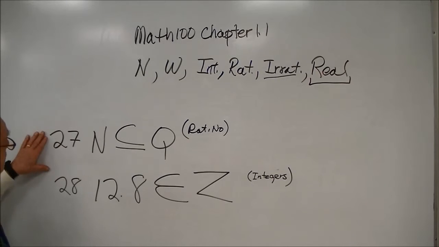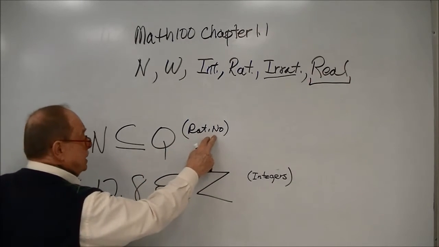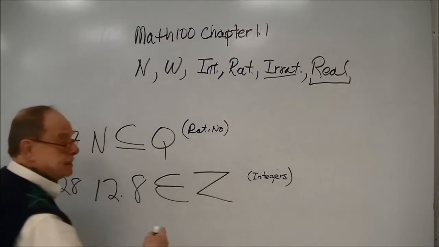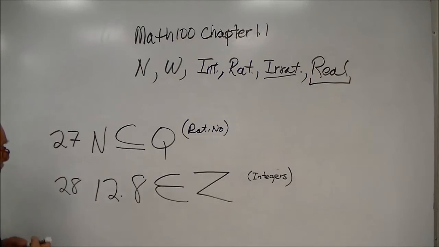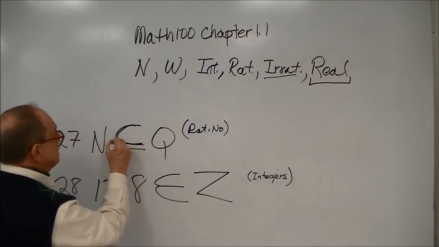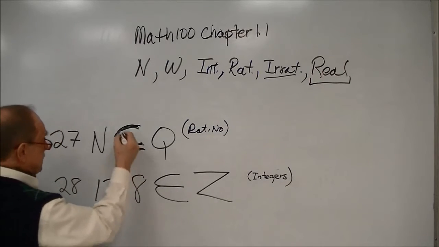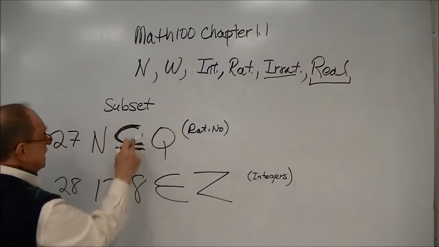Okay, two others to wind this up are these last two, where they give you some definitions. They're saying that Q would be the rational numbers, Z would be the integers. I wrote that there, and that's in your booklet. Now these symbols are new. This symbol, and you may have had it years ago, is kind of a C with a line underneath it. This is a subset symbol.